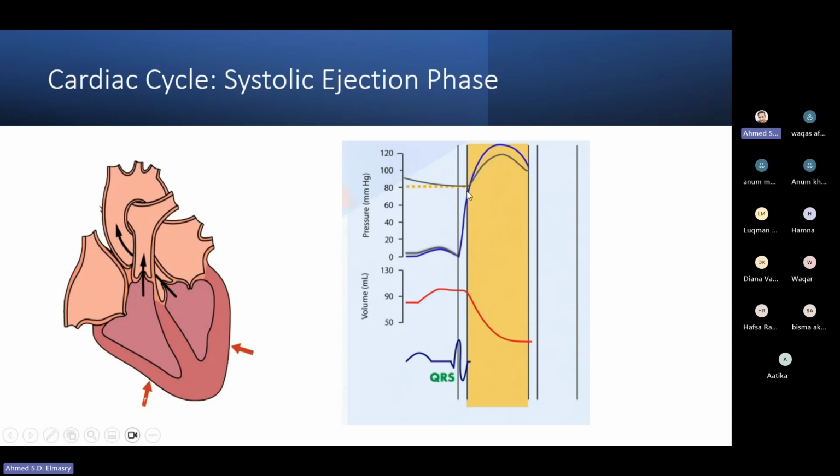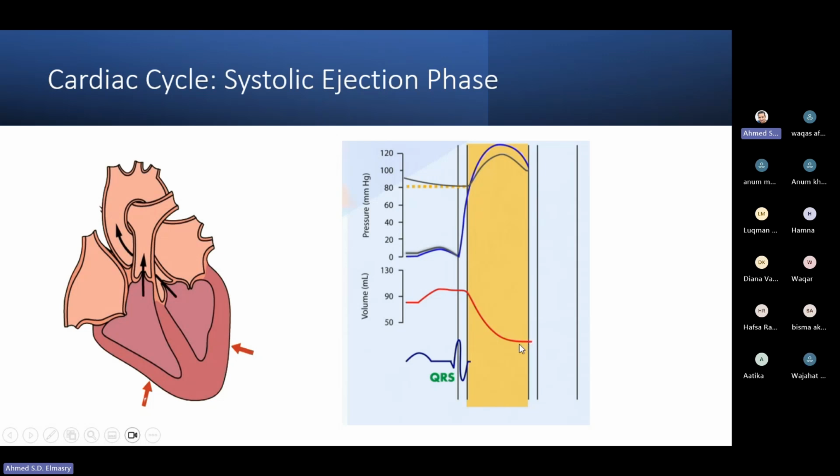And as you see here, because the left ventricle starts the contraction, the left ventricle pressure will be increased, reaching the maximum here. And as you see in the volume graph, the volume inside the left ventricle is decreasing, reaching this point. So the pressure in the ejection systolic phase will reach the maximum, which is the peak systolic pressure, and the volume inside the left ventricle during the systolic phase will reach the minimum, which is the end systolic volume.